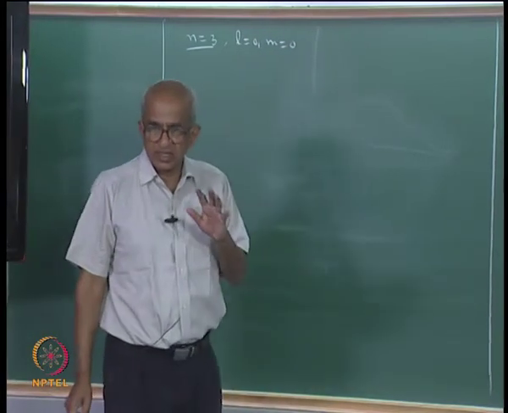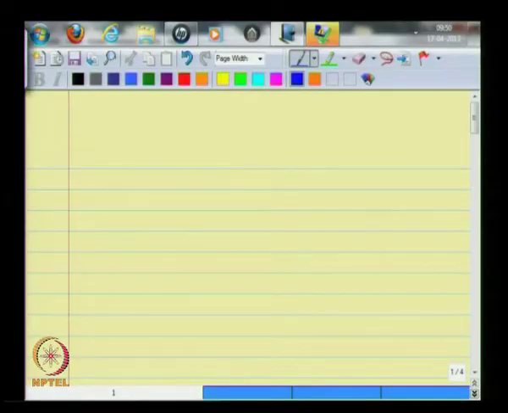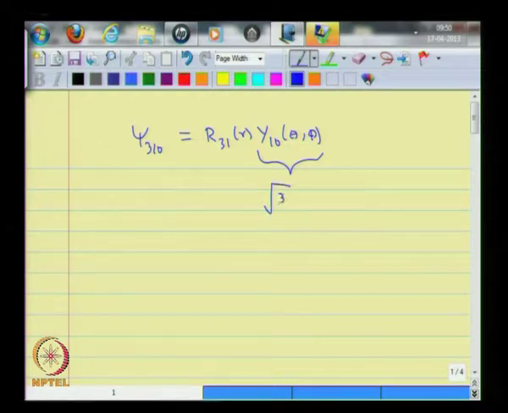Let us look at that case first. The wave function psi 310 may be written as R31 of r times Y10 of theta phi, and this Y10 is a function that we have already encountered. This function is nothing but square root of 3 divided by 4 pi into cos theta.